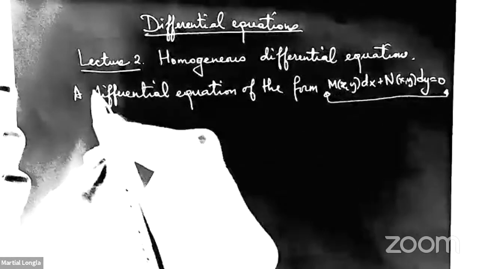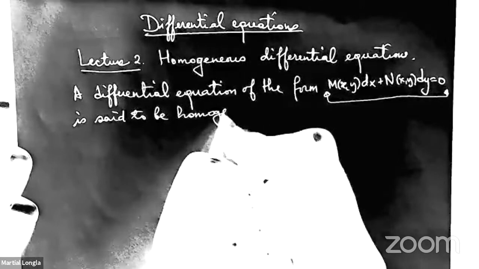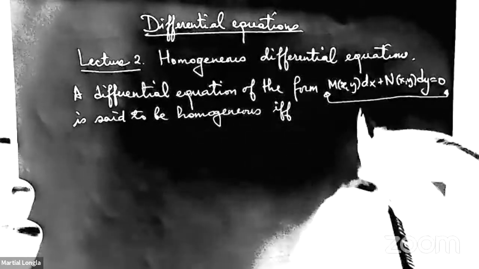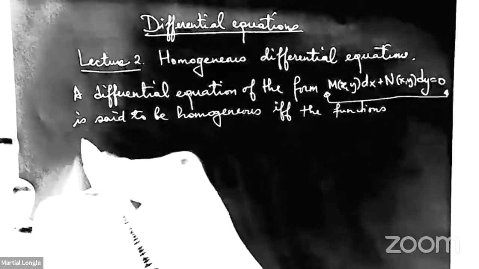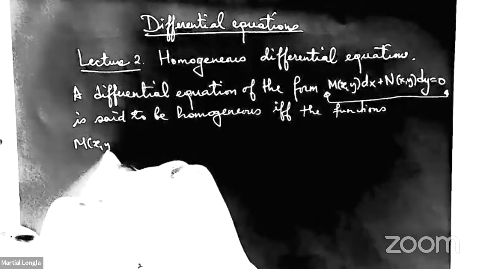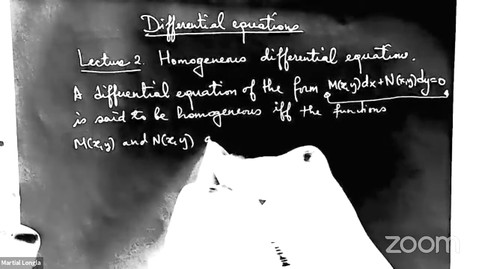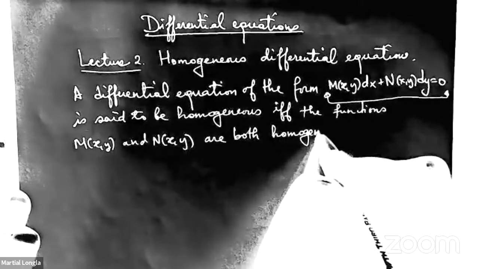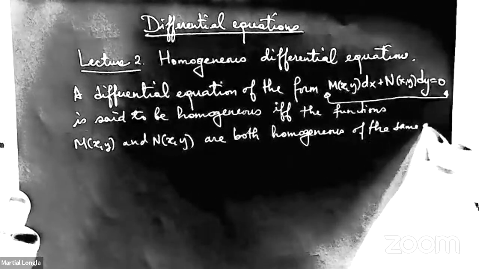A differential equation of this form is said to be homogeneous if and only if the functions M(x,y) and N(x,y) are both homogeneous of the same degree.